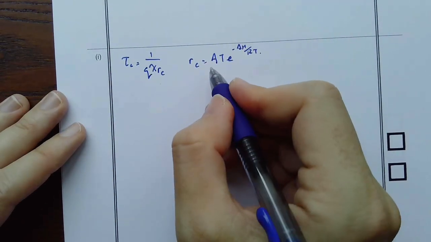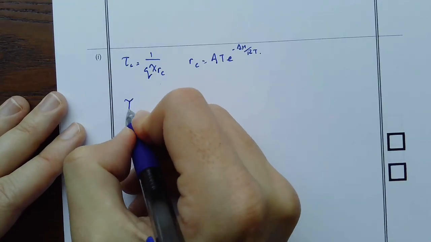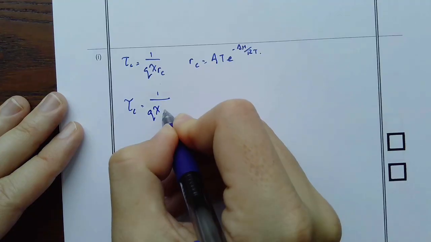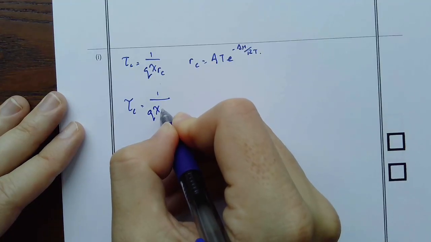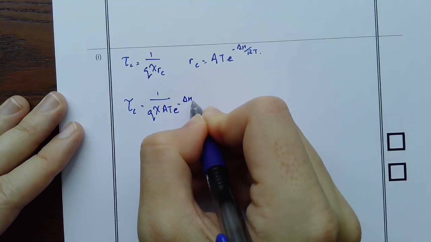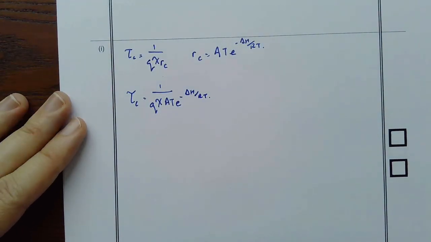If I just put this expression for rc into here, what do I get? So I get tau c equals 1 over q chi A T e to the minus delta H over RT. Does this look like it's the way to go?